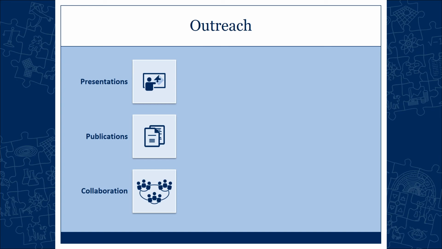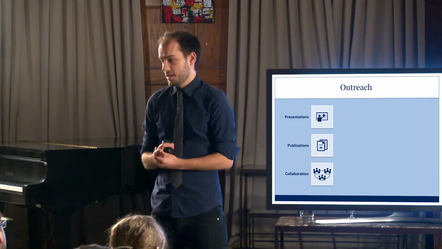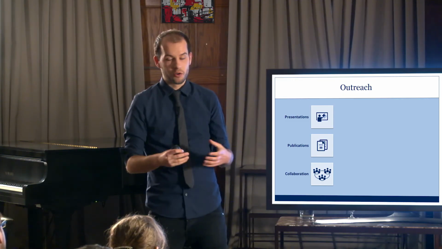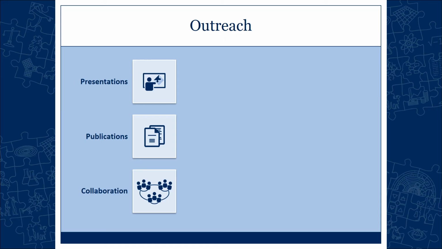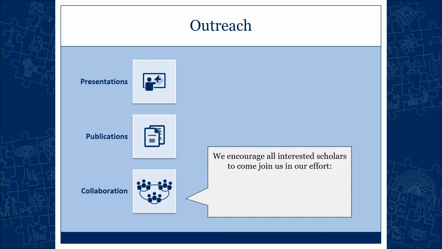Finally, our community is incredibly collaborative. We encourage collaboration and working together as much as we can, and we want to encourage collaboration moving into the future as well. We're encouraging all interested scholars to come and join us in our effort in many different ways.